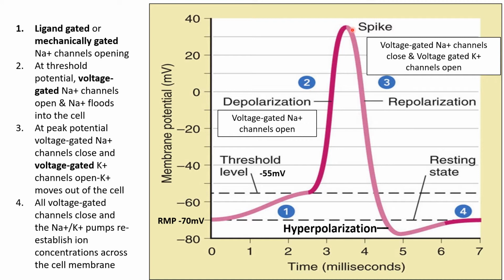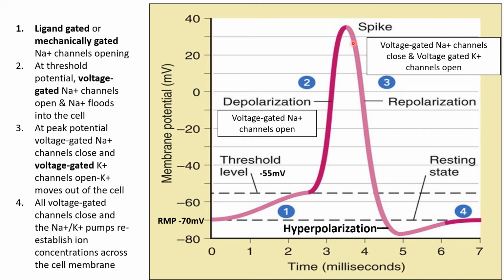At this voltage, the voltage-gated sodium channels will close, and the voltage-gated potassium channels will then open. So the potassium channels that are responding to this voltage will open, and now potassium is allowed to flood out of the cell. Remember, there's more potassium inside than outside. So if we open up these gated channels, potassium moves from inside to outside the cell.